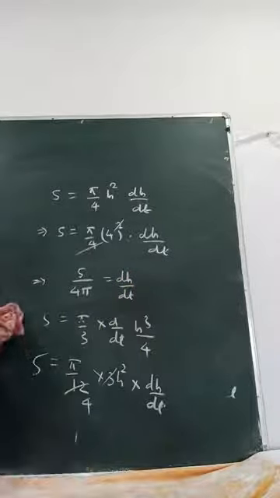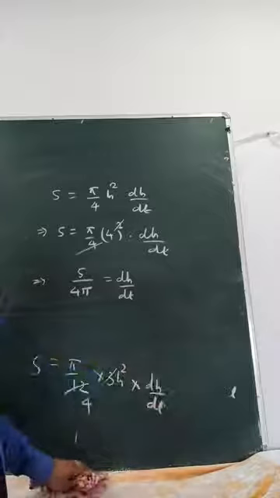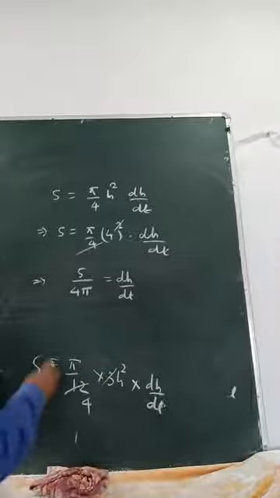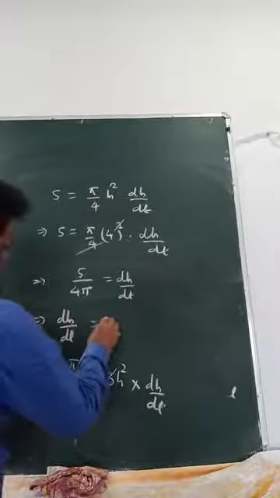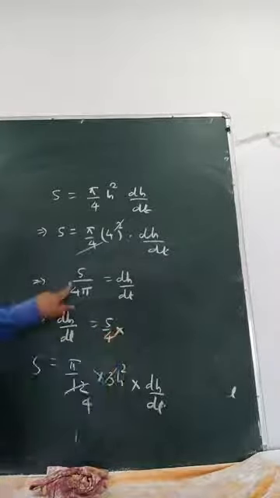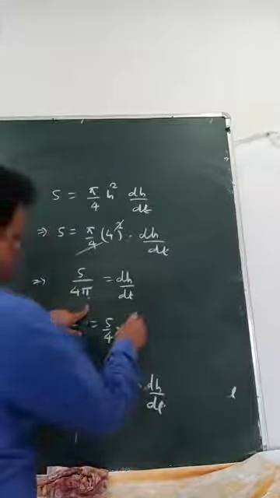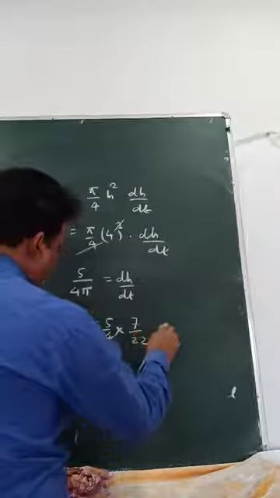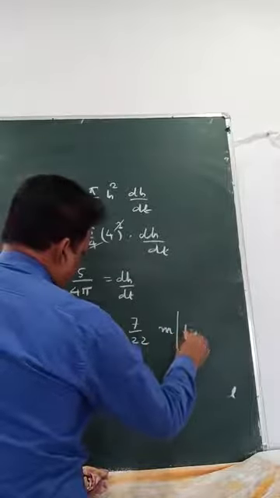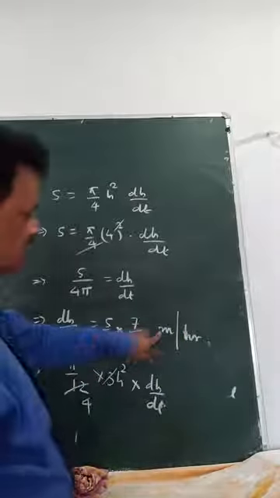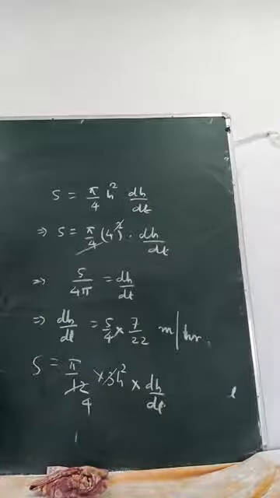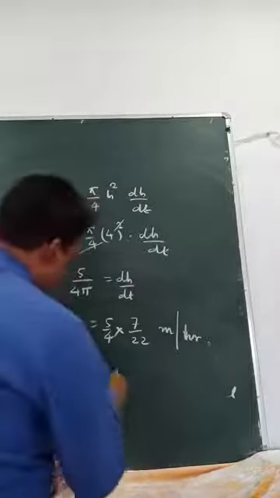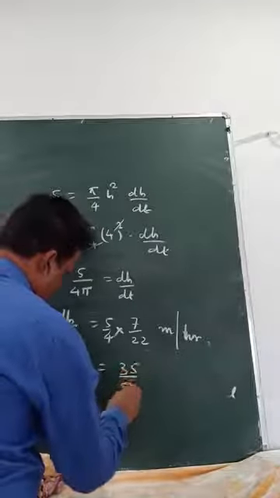You may simplify or you can leave it like this. Or if you put pi as 22 by 7, dH by dt equals 5 by 4 divided by 22 by 7, which becomes 7 by 22. That is meter per hour, because the unit was meter cube per hour, so it will be meter per hour. If you cancel, it will be 35 by 88.